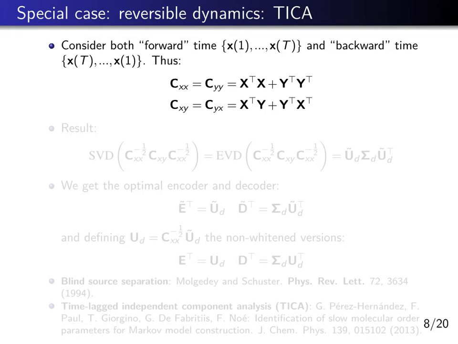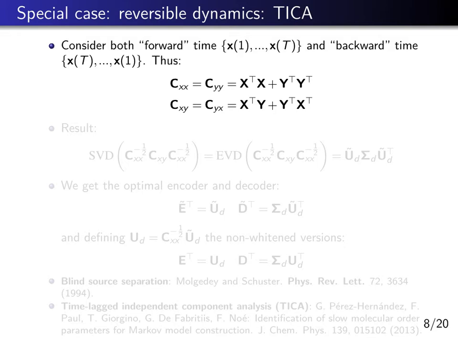Note that I'm not using normalization constants here, like 1 over the number of time steps. So here I would need to use 1 over 2 times the number of time steps. And this is done because the multiplication of these covariance matrices, so the products that I'm taking, will make these prefactors disappear. So I'm ignoring it at this point. But a proper definition of the covariance matrix would require this normalization constant. All right, same for Cxy and Cyx. We say they are the same, and we use both directions, the forward time and the backward time direction, in order to estimate them.